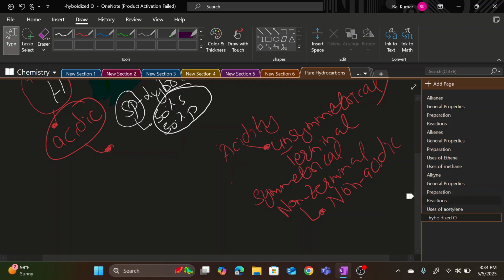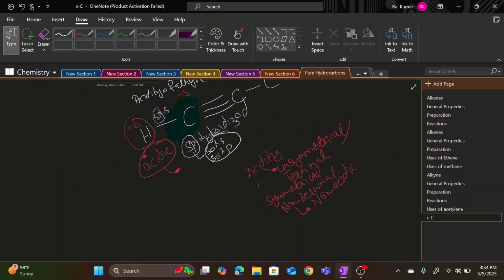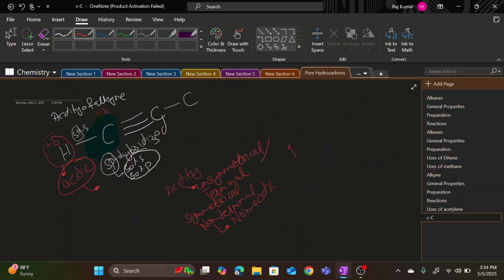So this is an important aspect. Usually we call the case of 1-alkyne, which means there's a triple bond at the first carbon, which means that there should be an acidic hydrogen here, right? So this is an important aspect.